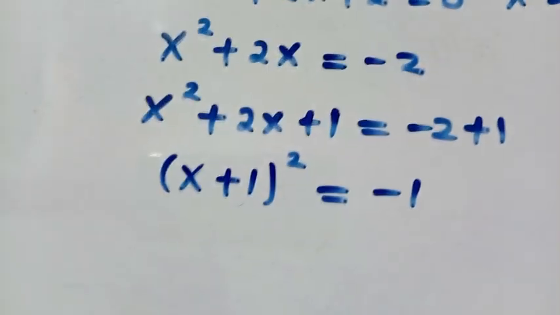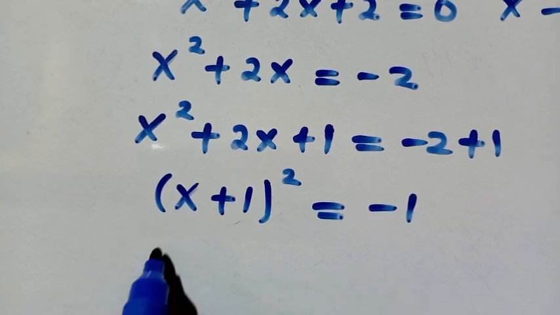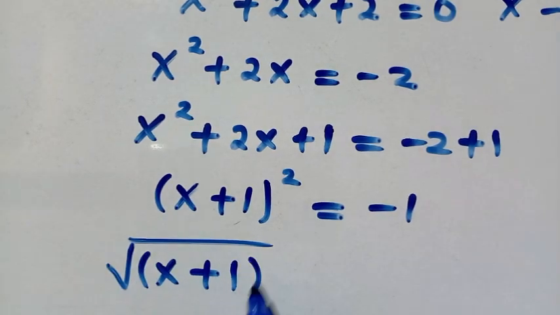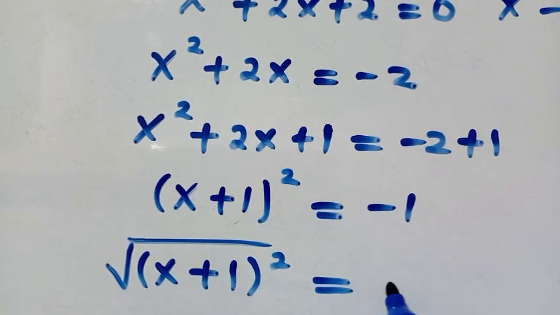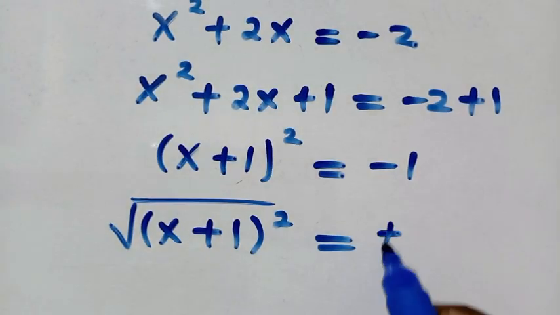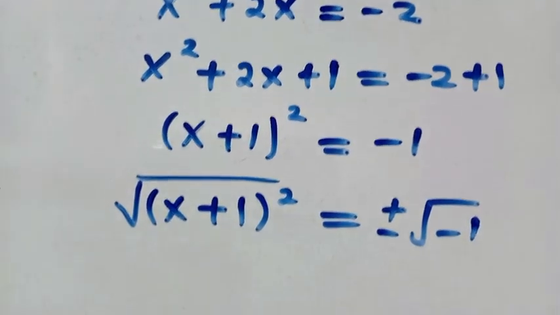Taking the square root of both sides, the square root of x plus 1 squared equals plus or minus the square root of minus 1.